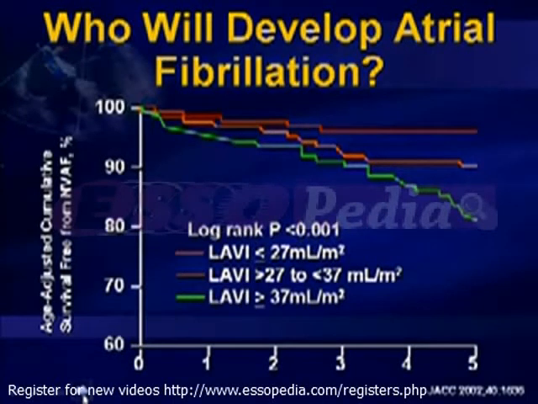Well, if we flip the question around and think first to ourselves, who is at risk to develop atrial fibrillation, then it becomes clear that it's generally those who have an enlarged left atrium, as the age-adjusted cumulative survival free from non-valvular atrial fibrillation is very much influenced by a measure of left atrial size.